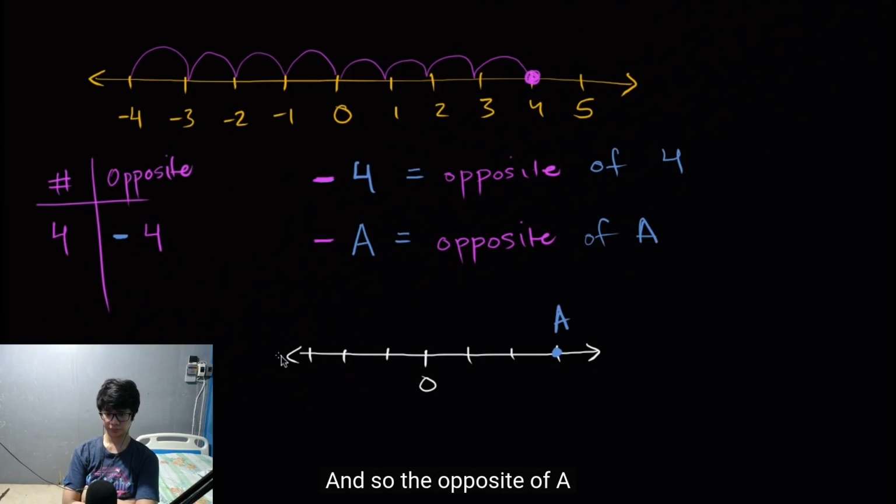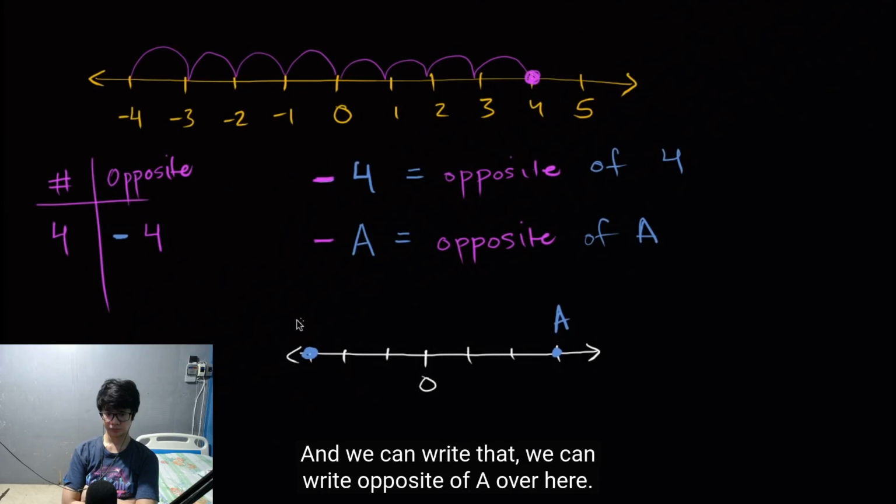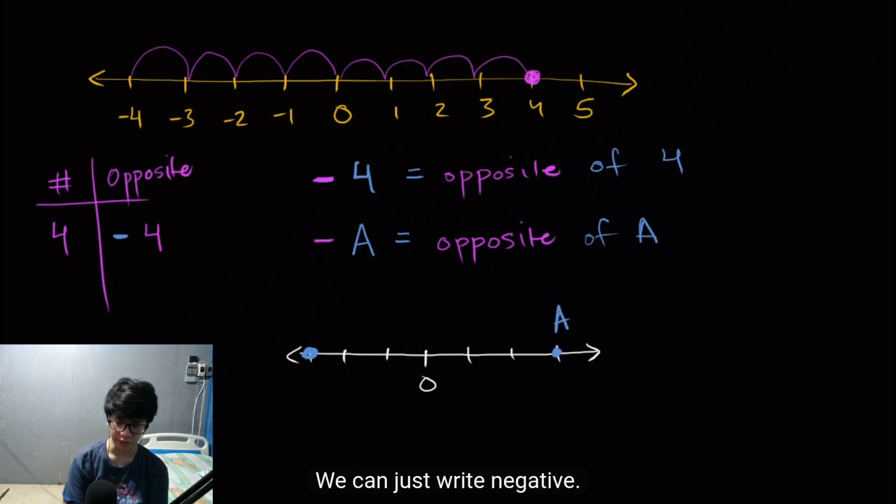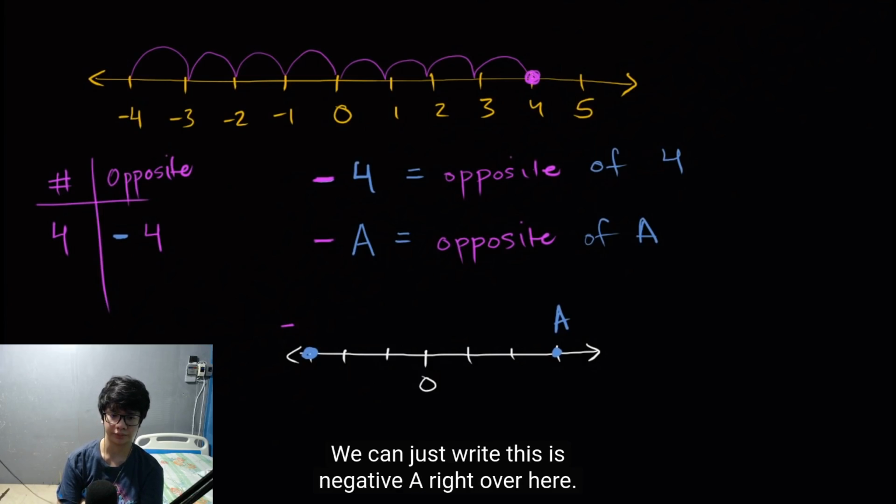And so the opposite of a is going to be this value right over here. We could literally write opposite of a is that number right over there. Or as a shorthand, we can just write this is negative a.